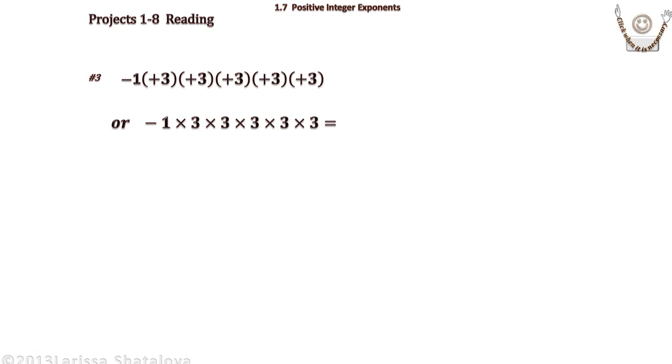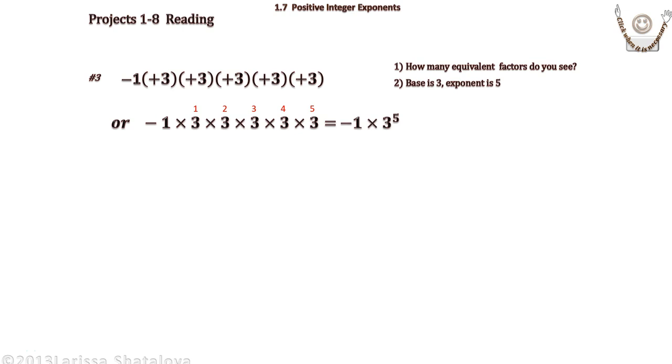If you want to show the shortcut exponential form, we have to answer the question, how many equivalent factors do you see? Equivalent means the same. Let's count 1, 2, 3, 4, 5. Okay, so base is 3 and exponent is 5. But we had one more factor, negative 1, so we have to keep that one as it was.